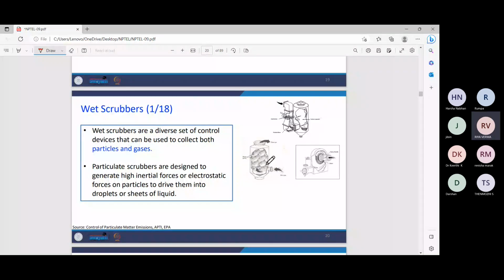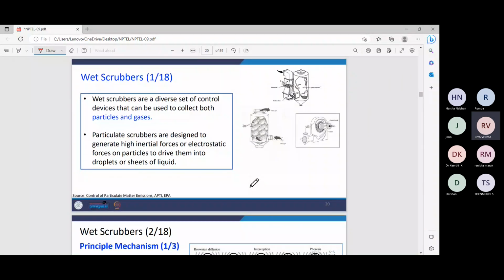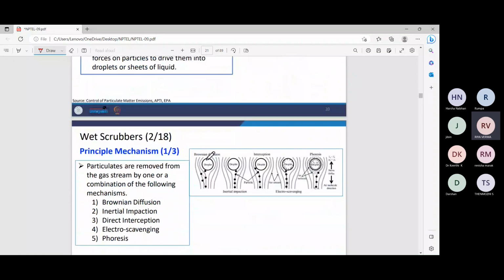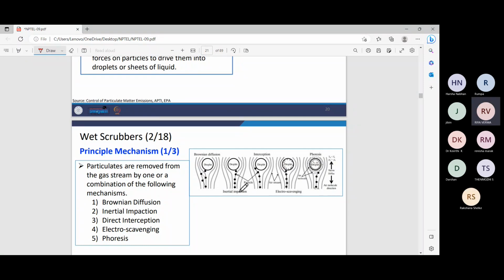The principal mechanism can be either the Brownian motion of the particles, or they can get impacted by these droplets of water and have inertial impaction. Then we have direct interception, then electroscavenging, where the droplet is positively charged and the particles are negatively charged. And then we have phoresis as well.